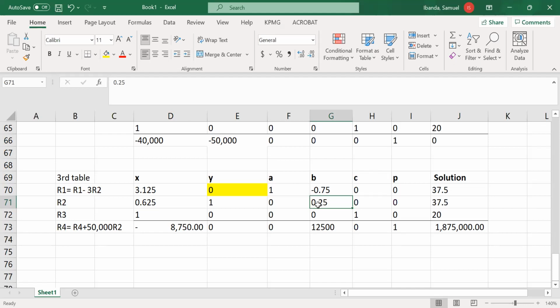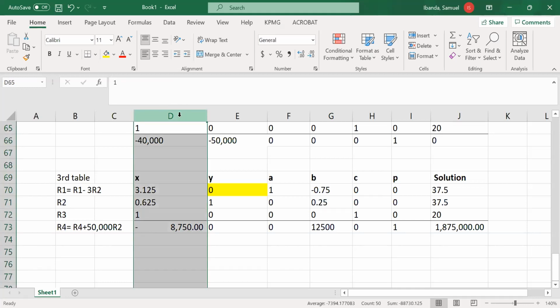But the approach we are using is not to have negatives at the bottom. So we are going to use the same approach. We pick, remember last time we picked the highest negative. So our highest negative is this one.